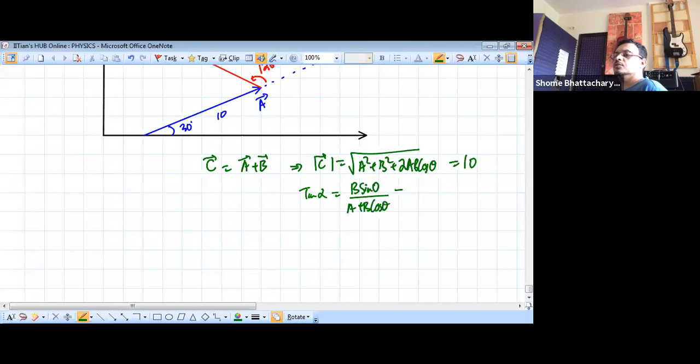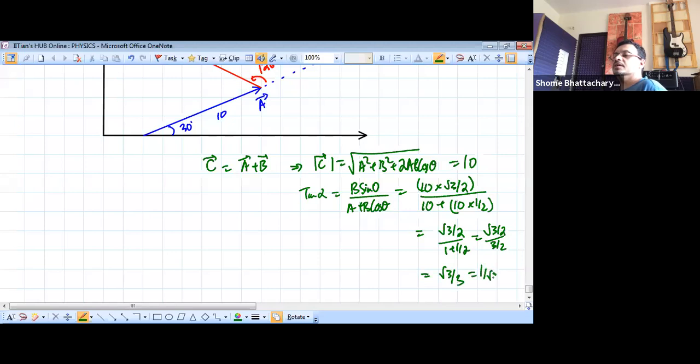So here it will become 10 sin 60, which is root 3 by 2, upon A plus B cos 60, which is half. So you can cancel off the 10. So it is root 3 by 2 upon 1 plus half, or root 3 by 2 divided by 3 by 2, or that is root 3 by 3, which is 1 by root 3.